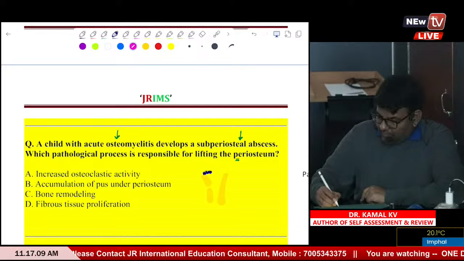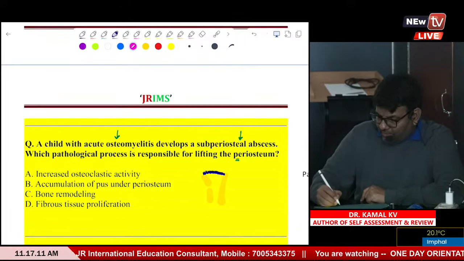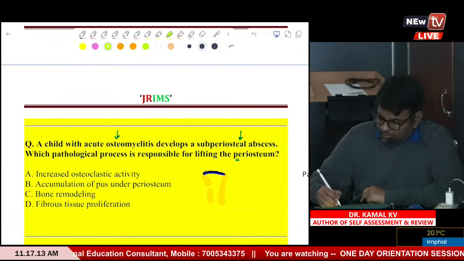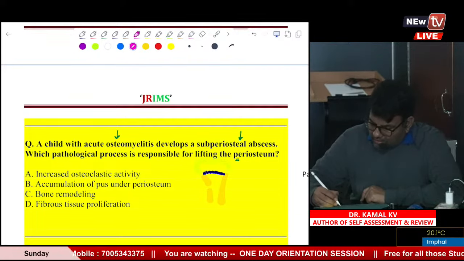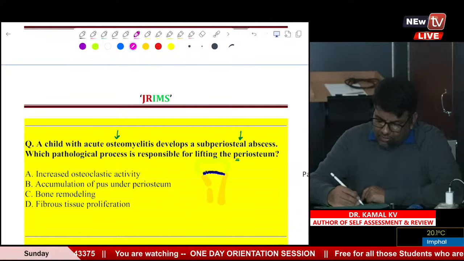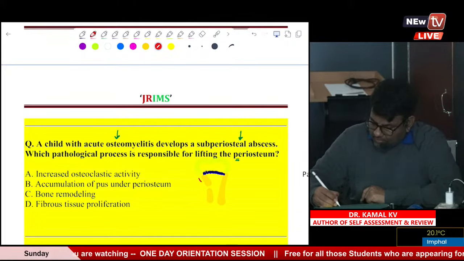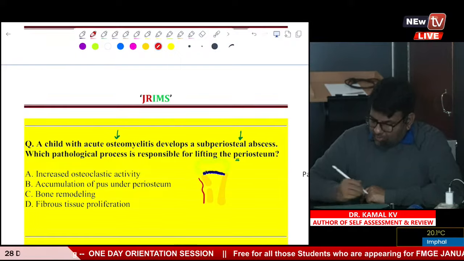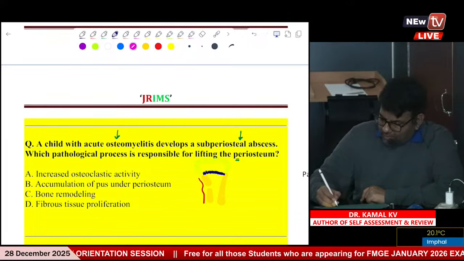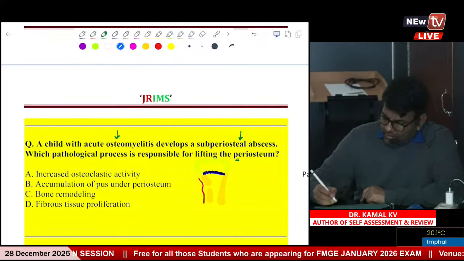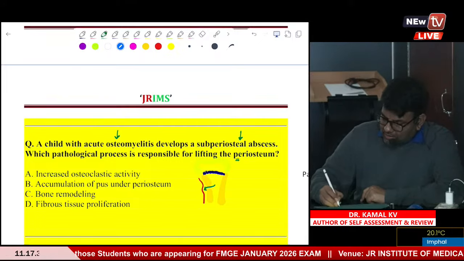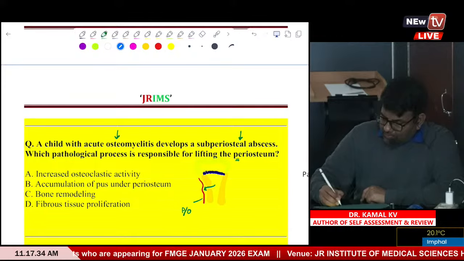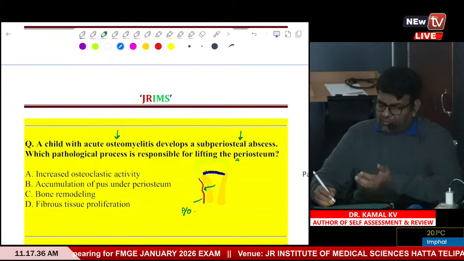Here this is the growth plate, and then this is all, say, epiphysis, and there is a covering, and this covering is known as periosteum. So what is happening? The pus is coming like this. So this is the periosteum, and there is lifting of the periosteum.